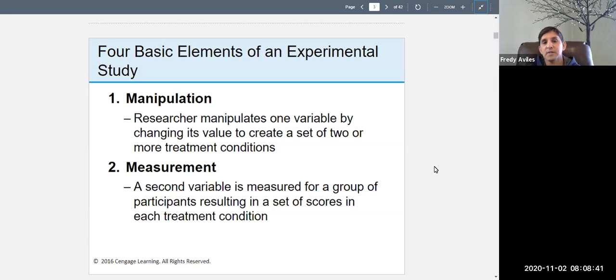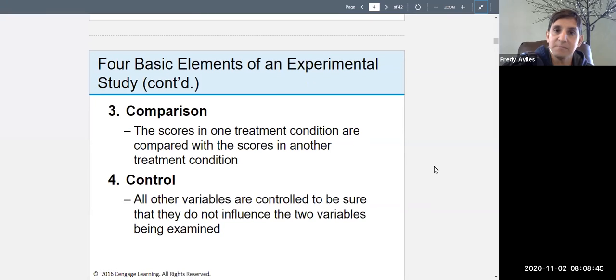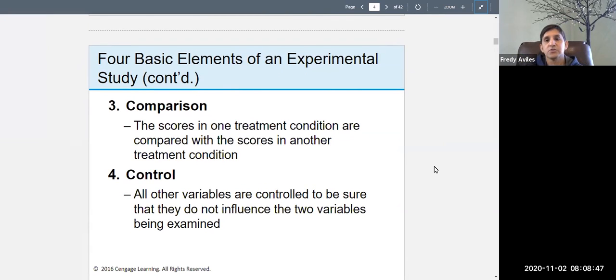So it involves manipulation, it involves measurement, and it involves comparison. The scores in one treatment condition are compared with the scores in another treatment condition. You're going to compare the participants that consumed alcohol, those in the treatment condition, with those that did not consume alcohol, those in the control condition. You create different groups and you compare them.